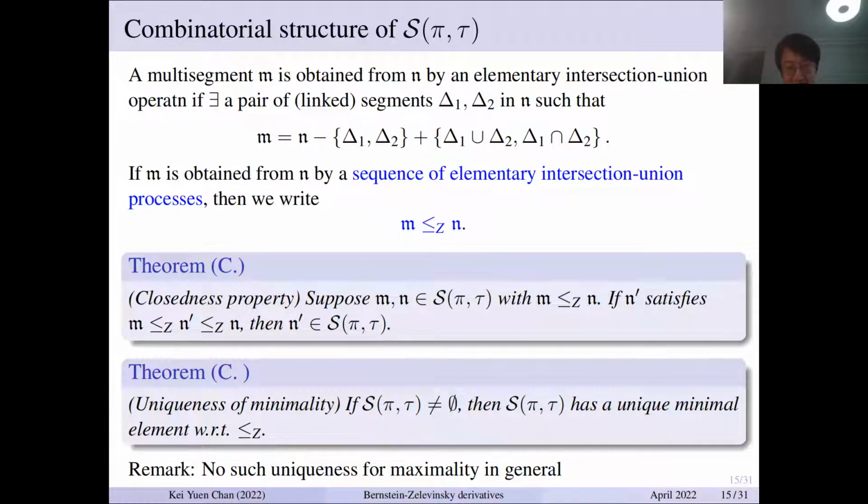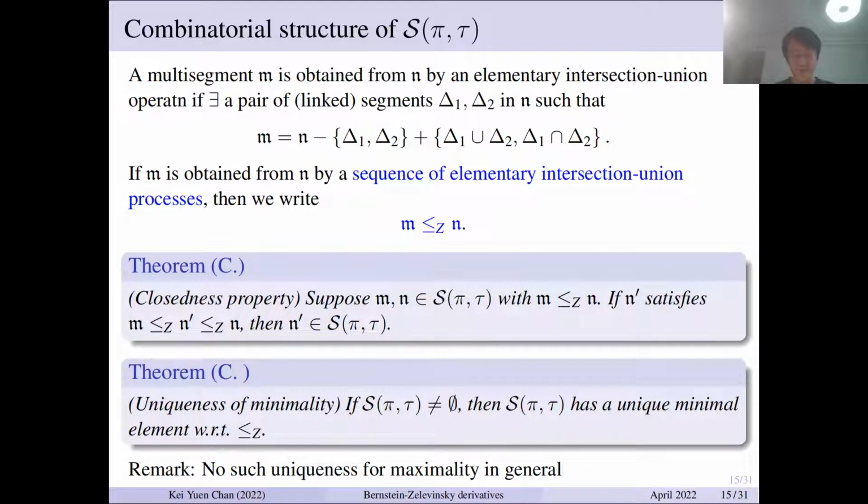If this is non-empty, and we have not discussed whether it is empty or not, so just assume it is non-empty right now, then it has a unique minimal element. Just to make a remark, the maximal one is not unique in general.